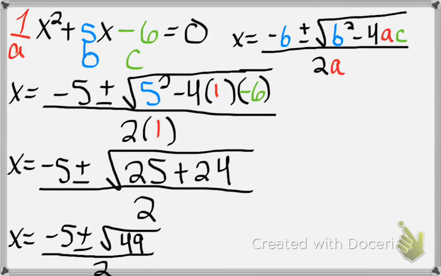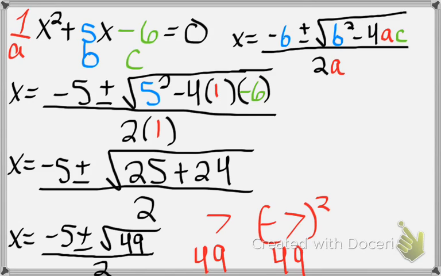Now, this is the part where I'll actually tell you why it's plus or minus. Maybe you remember from last year, or maybe you don't, but let's review for a moment. The square root of 49, I understand you realize is 7, but technically it's not just positive 7, it's also negative 7, because positive 7 squared, 7 times 7, is 49, but negative 7 squared, negative 7 times negative 7, is also positive 49, because a negative times a negative is a positive.